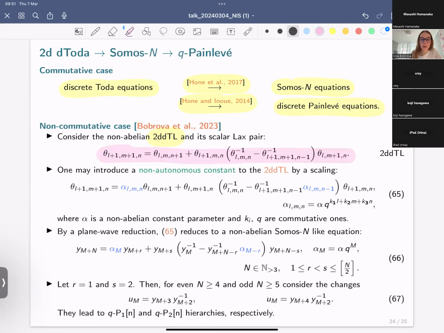Here we have a non-abelian variable theta that depends on three indexes. It's some kind of partial difference equation. This element depends on three indexes L, M, and N.